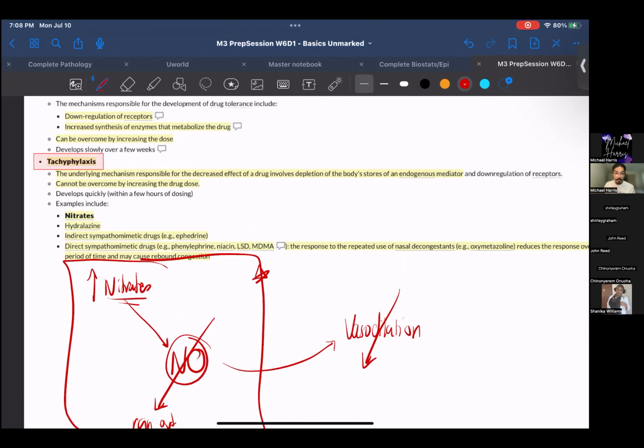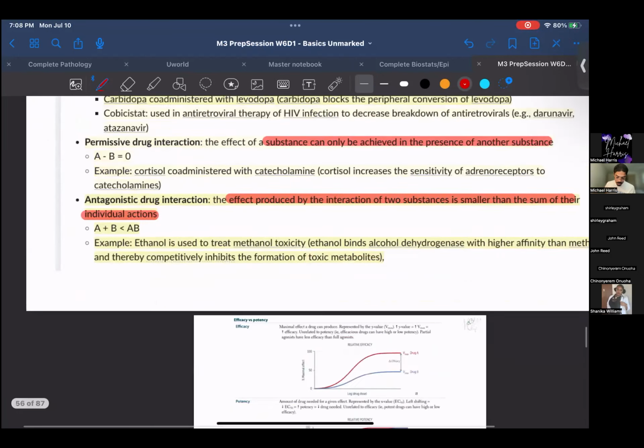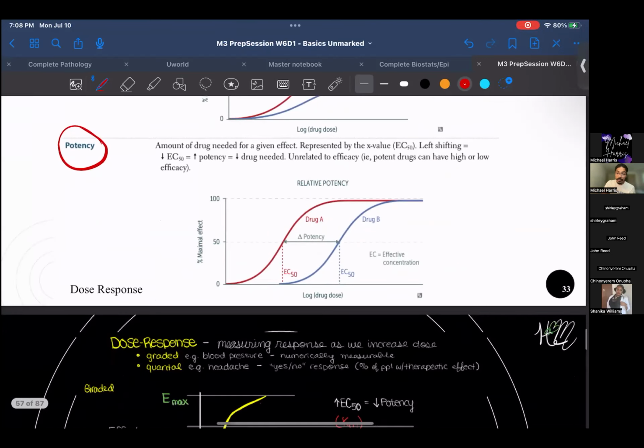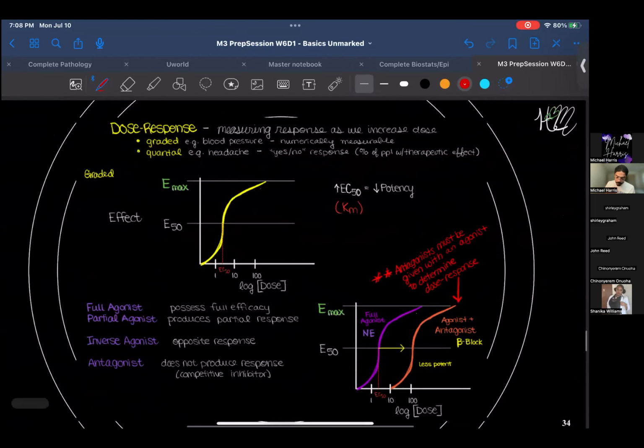Okay? That's tachyphylaxis. Now, here, talking about efficacy again, talking about potency again, nothing different there.